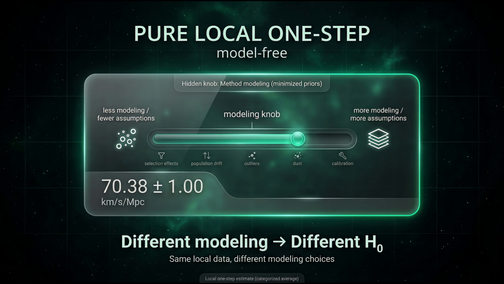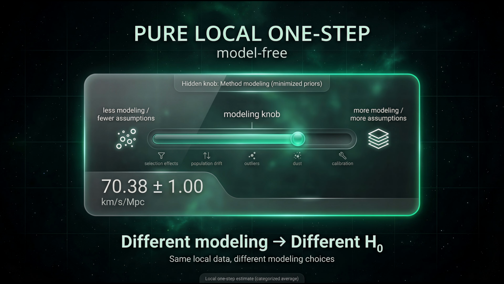So Family 3 gets this label: hidden knob, method modeling, minimized cosmological assumptions. And again, which family? Which knob? Is it independent? Family 3. Modeling knob. Independence question: does it really avoid both ladder calibration and early universe ruler assumptions?